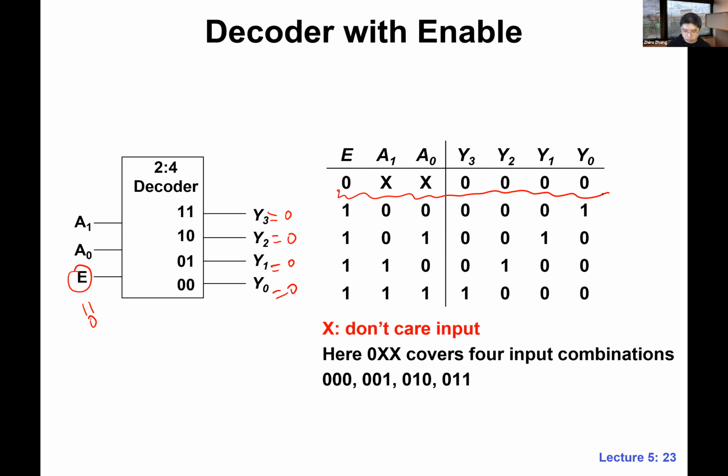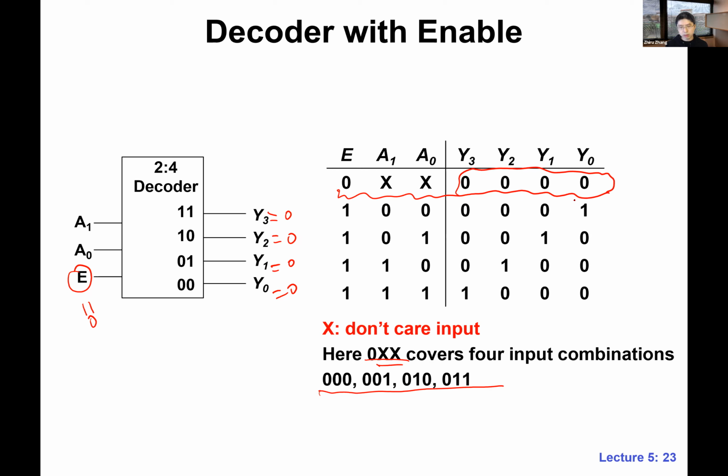With 0xx, we really don't care about the values of A1 and A0. So 0xx actually covers these 4 combinations. What matters in this row is E. When E is 0, all the outputs are 0. We don't really care about A1, A0. That's where we put don't care in the input column.